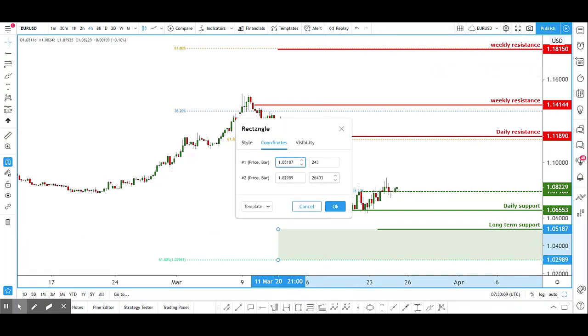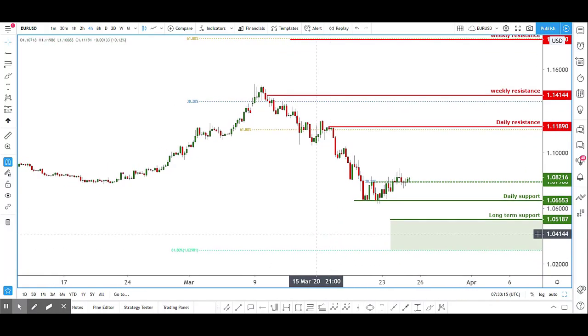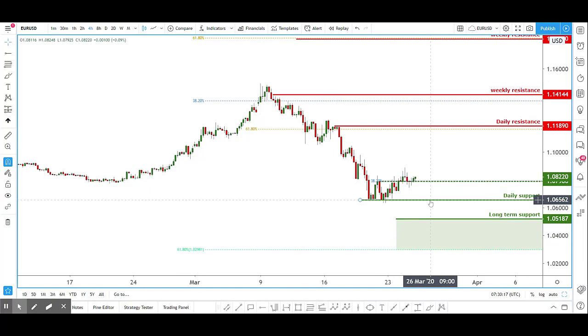Okay, so this is how I'll actually play the trade of the day. Tidy this up so it's easier to see. For this trade of the day, I will have my daily support here, and as long as price is anywhere in this area, I will go for a buy.